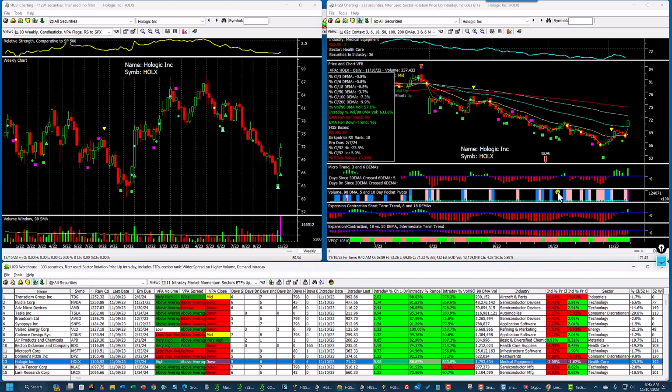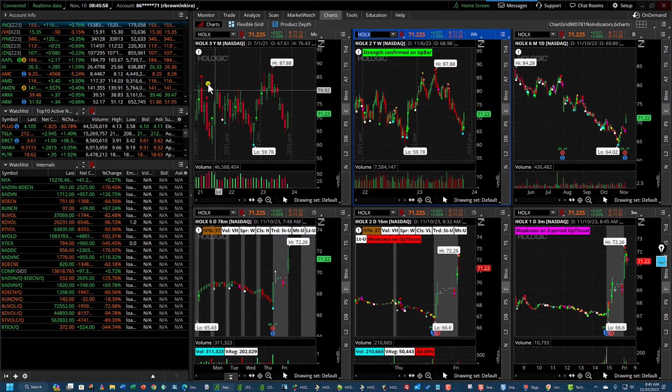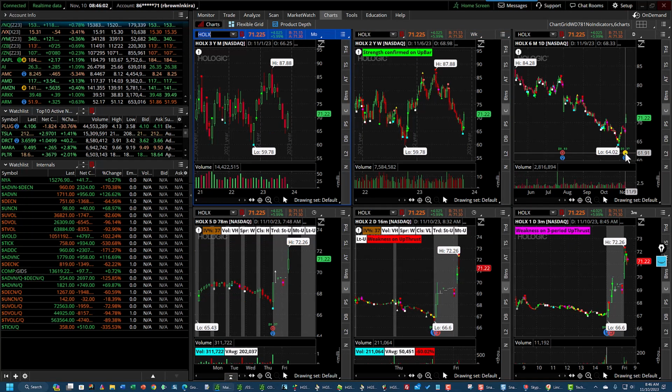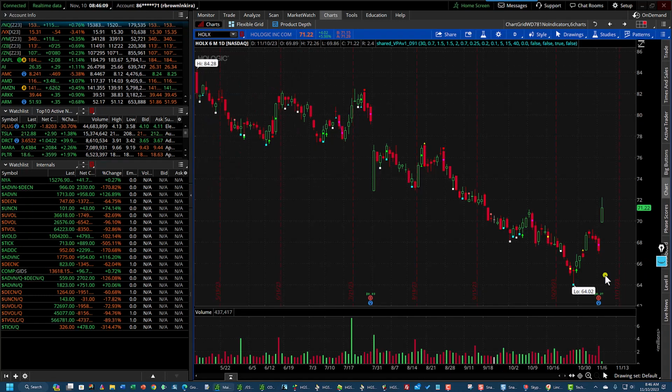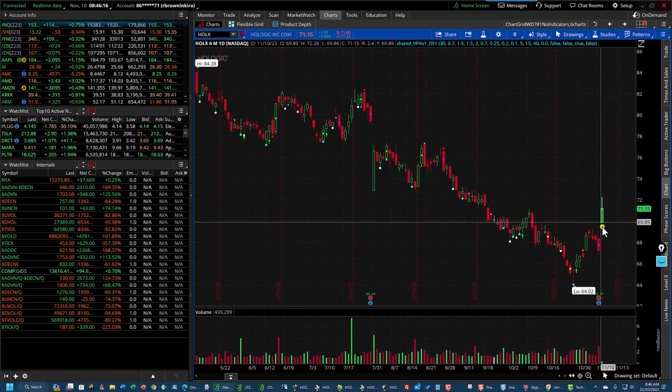So they're not showing up yet, but let's go take a look at HOLX. I've got it here in TOS. So you can see the earnings came out yesterday. I'm going to maximize the cell. Came out yesterday. They're not in the HGSI database now, but you can see the gap open here.